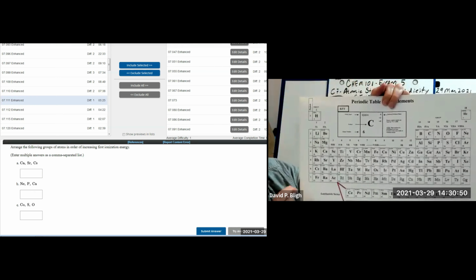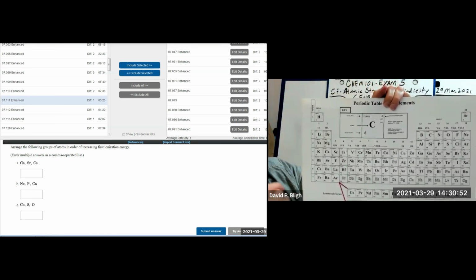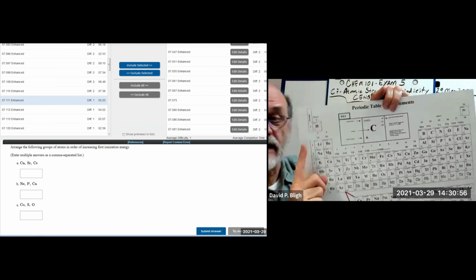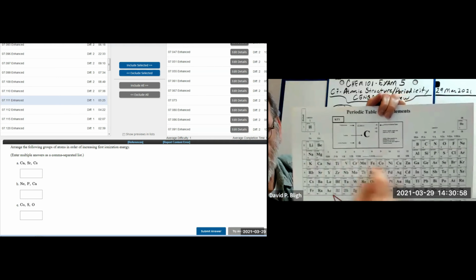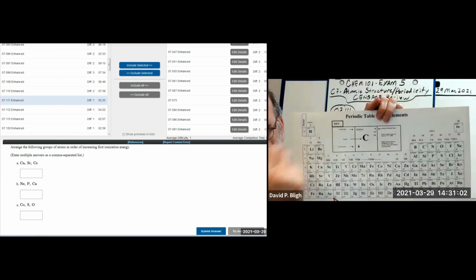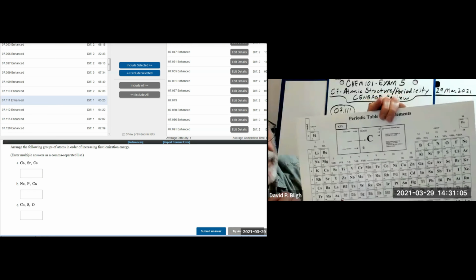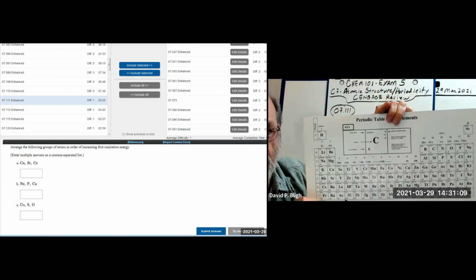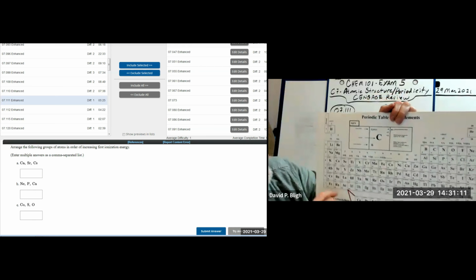increasing first ionization energy, right? So what's the trend? First ionization energy increases from left to right across a period and from bottom to top in a group. So from lower left to upper right, we should see an increase in first ionization energy.